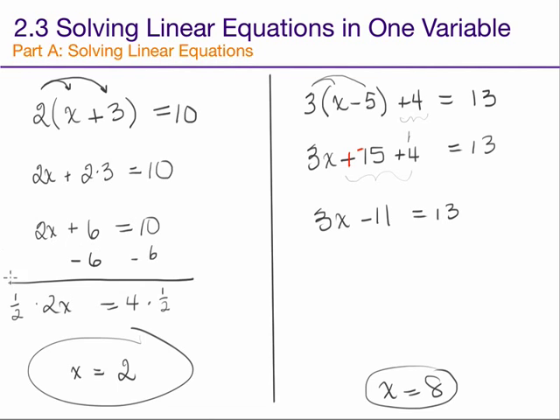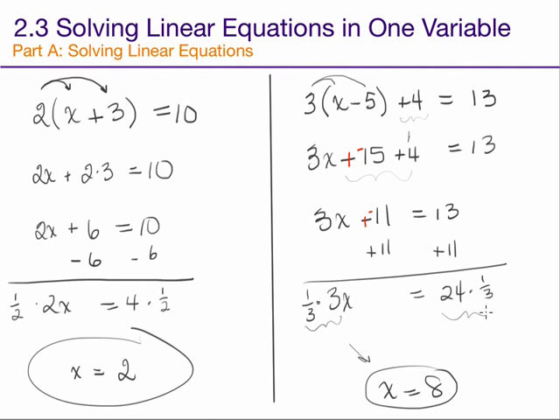Now the equation's in the form ax plus b equals c, even though b is negative 11. Adding 11 to both sides gives me 3x equals 24. And multiplying both sides by 1/3 gives me 1x equals 8.